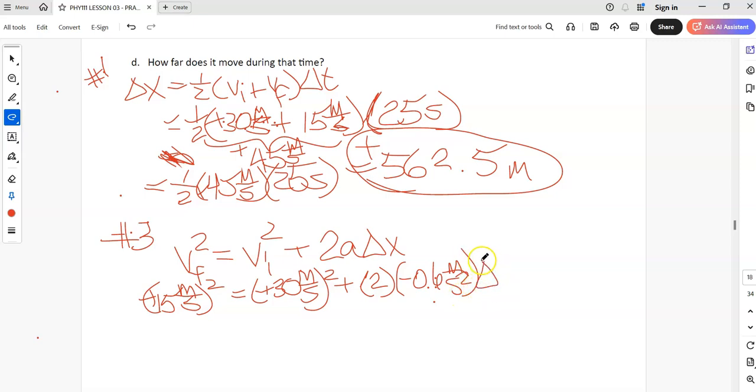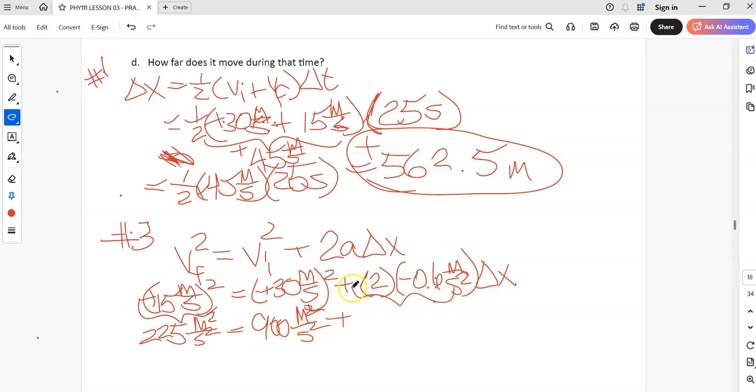And then we don't know our displacement here. Well, we know with a calculator 15 squared is 225. And we're squaring meters per second. That means we have to square the meters and we have to square the seconds. 30 squared is 900. And that's also meters squared per second squared.